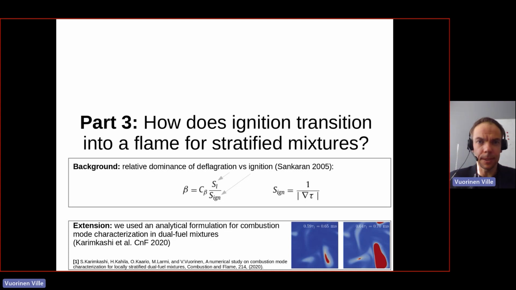Now, is this an ignition wave or is it a premixed flame? We shed some light with the extension of the Sankaran theory into this problem.